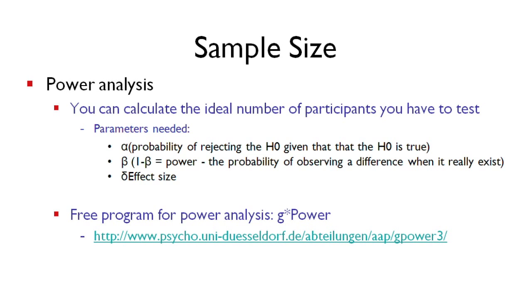Ideally, there is prior research that looked into typical effect sizes for your research. If there are already studies out there, it's like, okay, for a speed difference between our two rabbit populations, we assume that there is a speed difference of at least 10% or whatever between the two populations. Then you can use this as your effect size for your power analysis. So then you can say, okay, given I have my alpha set at 5%, my beta, or my power, is normally set at 80%.